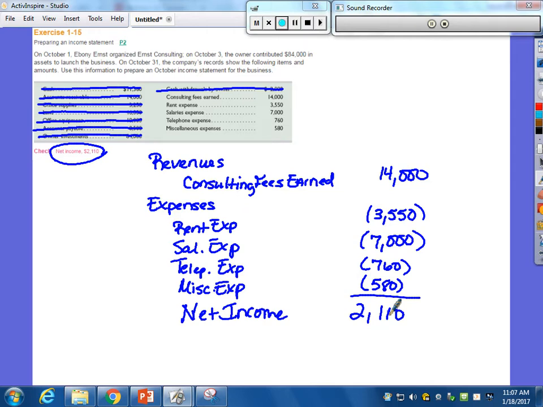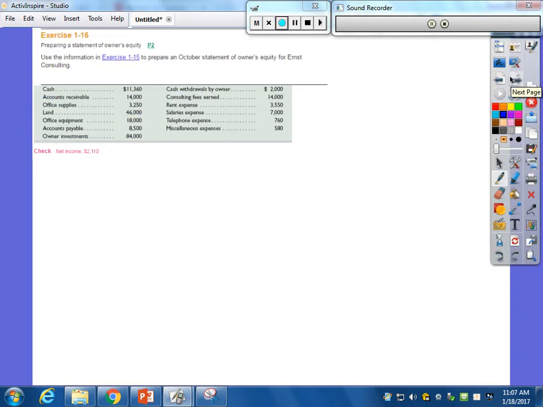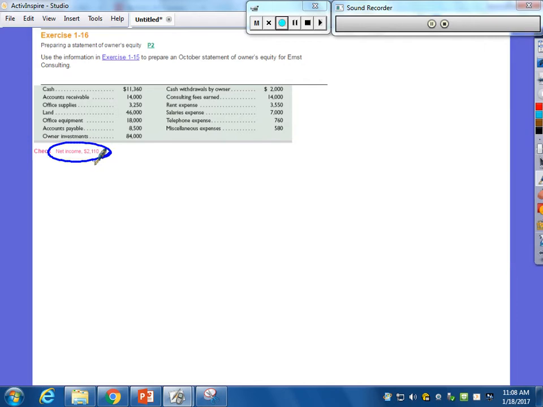The next part of this, which was exercise 1-16, they asked us to do a statement of owner's equity using that same information. So what's on the statement of owner's equity? Beginning capital, what else? Withdrawals and net income. You remember that was 2,110 from the previous statement. Because we don't know what was invested, we can't really use that as our beginning capital amount.